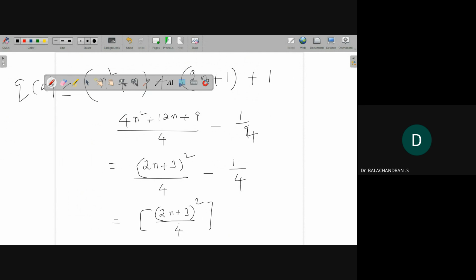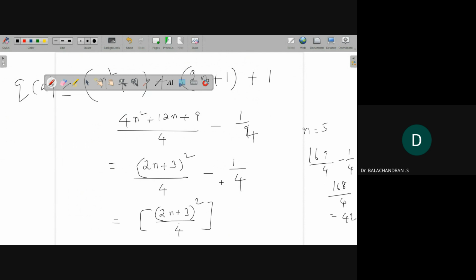So you can check it. Suppose n equal to 5, because up to n equal to 4 we will verify. 5 means 10. 10 plus 3, 13. 13 square is 169. 169 by 4 minus 1 by 4 is equal to 168 by 4, which is equal to 42.